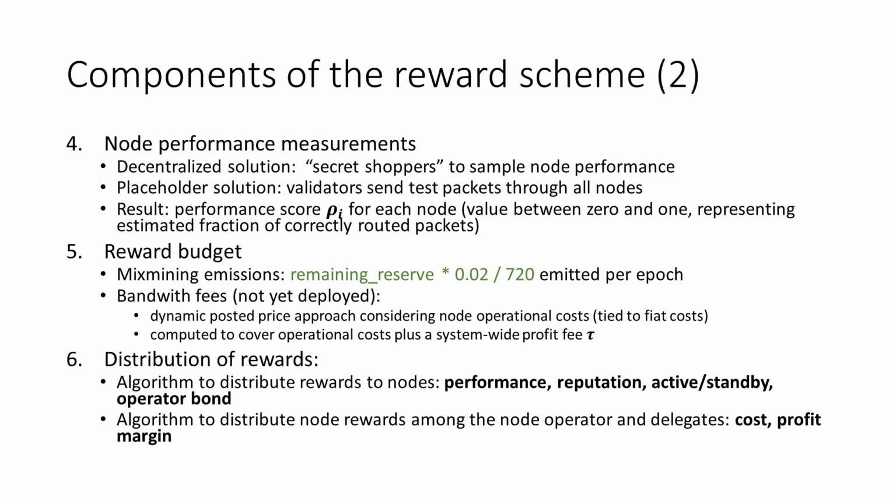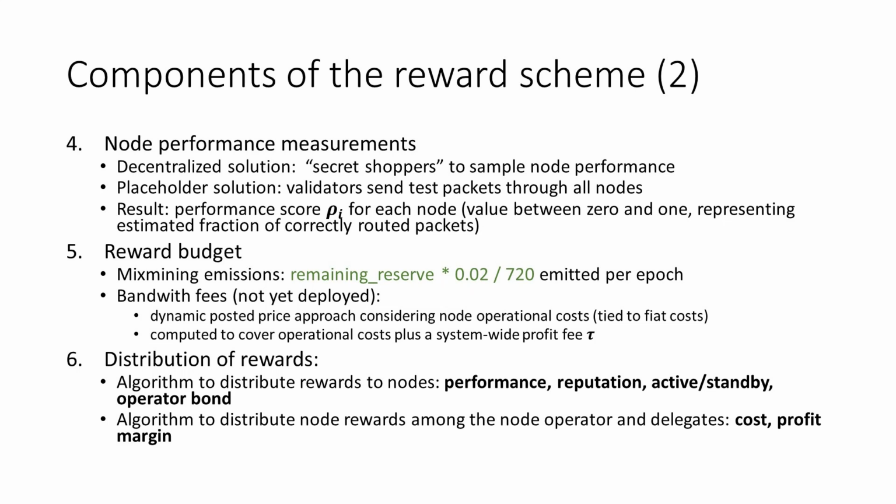And performance here effectively means, are they losing packets, or are they actually processing all the packets they receive and forwarding them on, right? We are working on a fully decentralized solution that is a really cool system that uses circuit shoppers, basically some messages are measurement messages that then get revealed at the end.